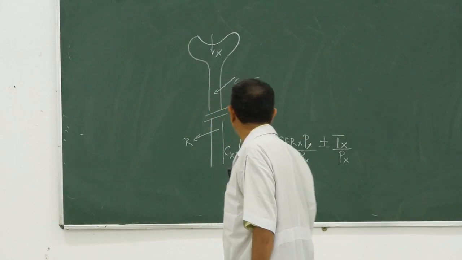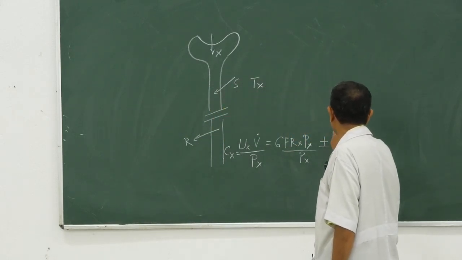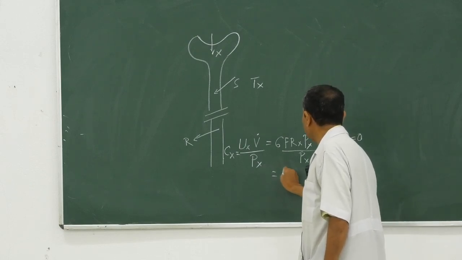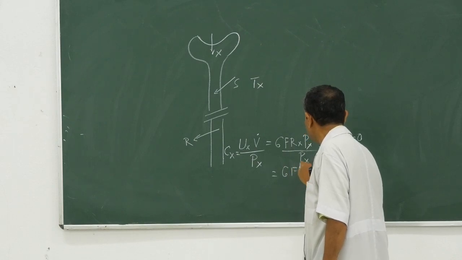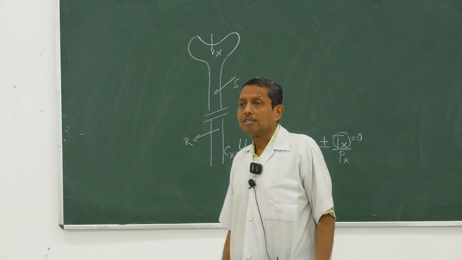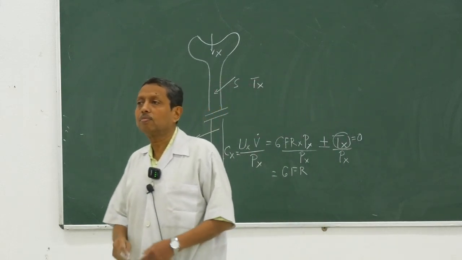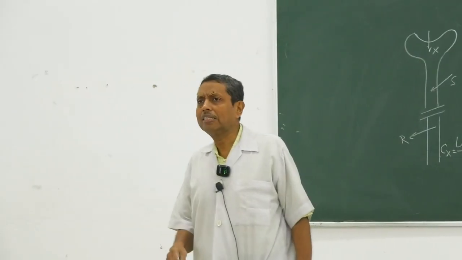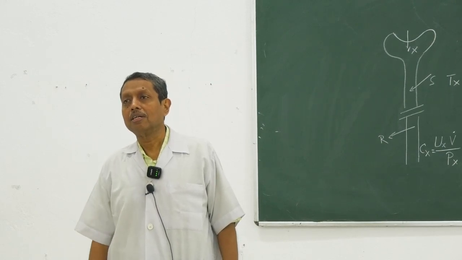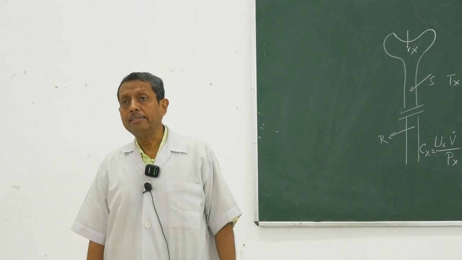So whenever there is no net transfer, a typical example is inulin, creatinine.